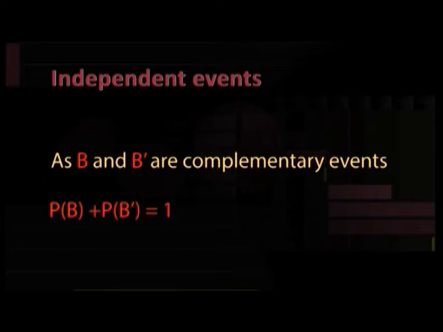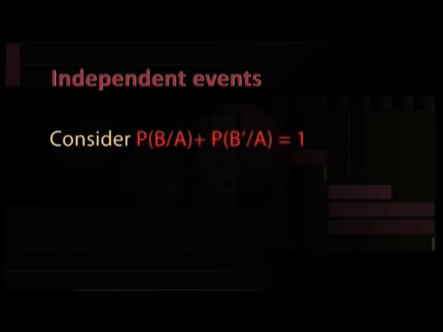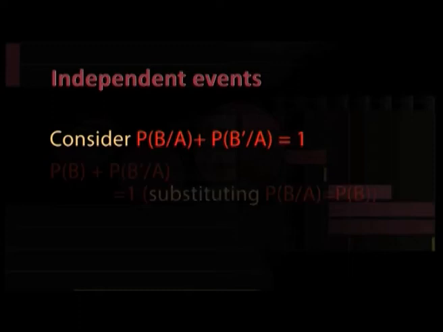As B and B complement are complementary events, probability of B plus probability of B complement is equal to 1. Consider probability of B given A plus probability of B complement given A is equal to 1. Then probability of B plus probability of B complement given A is equal to 1.